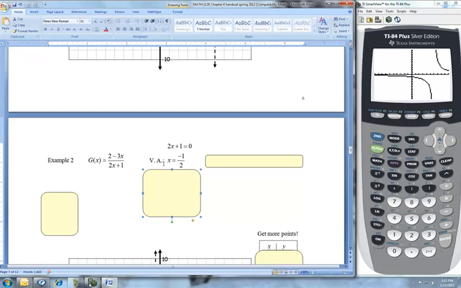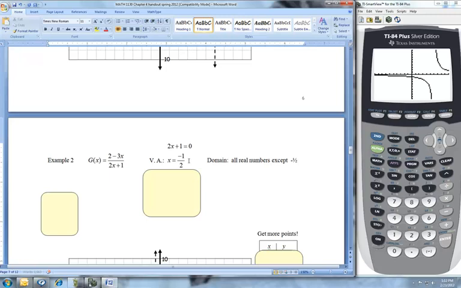That's my vertical asymptote. I guess right now I could go over here and say my domain is all real numbers but -1/2. Okay. Now my horizontal asymptote, compare. My degree up top is 1, degree on the bottom is 1. I get the coefficients, so that would be -3/2. So I'm going to have y equals -3/2.